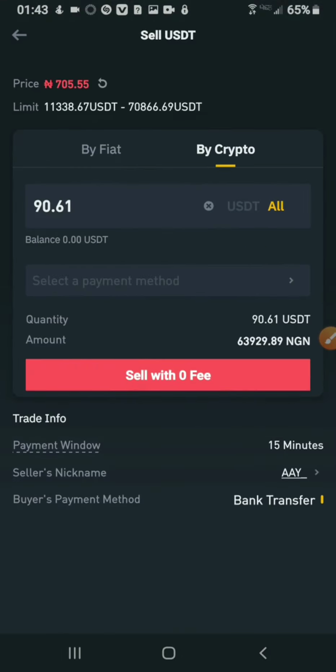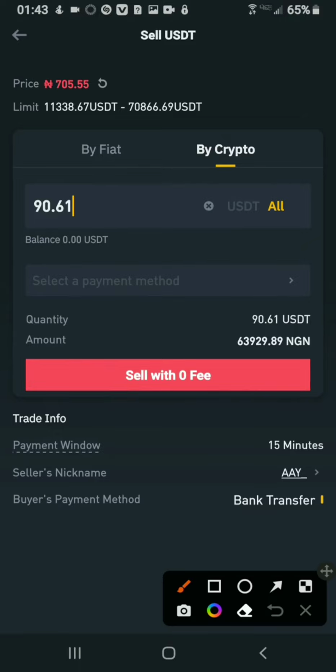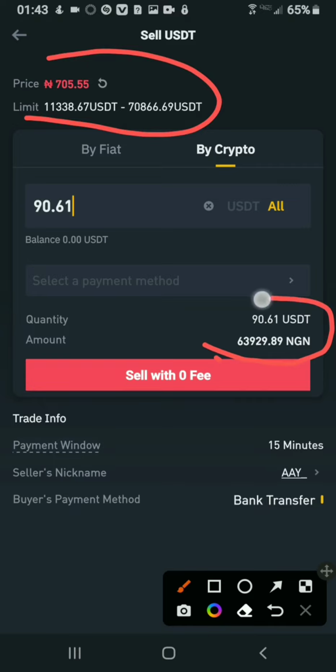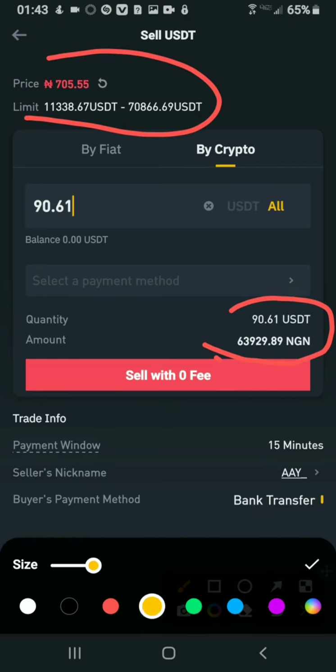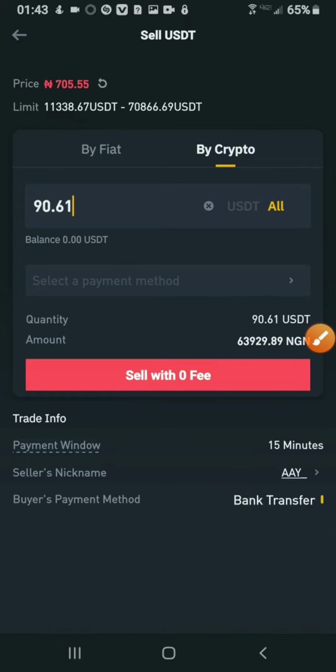So you can see that's the price. So from here, once you have now confirmed this price, you can see the amount the person is going to be paying us is already listed here. Let me change this color to something red so that you can see the differences. So the amount is already listed here.